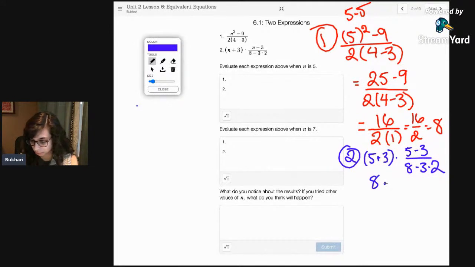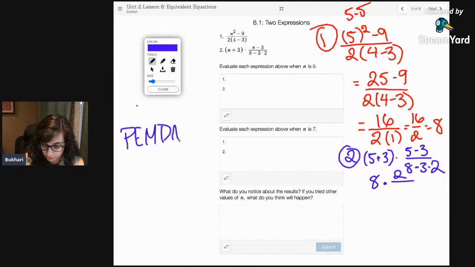This is multiplied by 5 minus 3. 5 minus 3 is 2. Remember, when it comes to order of operations, multiplication first. Think back to elementary school, PEMDAS: parentheses, exponent, multiplication and division, addition and subtraction. So we have multiplication first. 8 minus 3 times 2 is 6.